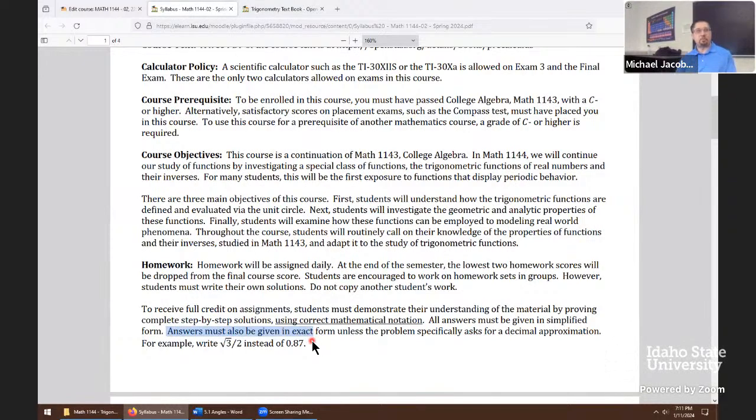This is the reason why exam 1 and exam 2 are closed calculator. Actually, having a calculator has caused people's exam scores to go down because we're looking for the exact output of the trigonometric functions, not their approximations. But if a problem asks for approximation, that's when we will go for it. That's starting on exam 3 and the final.